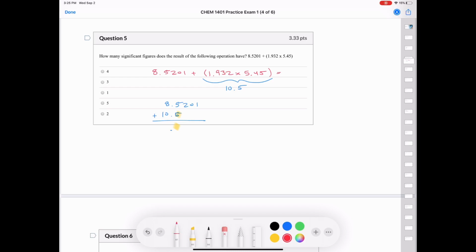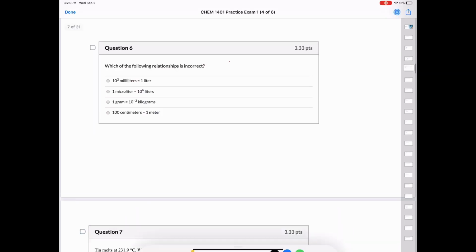And when you punch that into your calculator, you find out that the final answer is 19.0, and so that is our final answer, and that number has 3 significant figures in it. And so our answer is 3 significant figures in the answer for this operation.